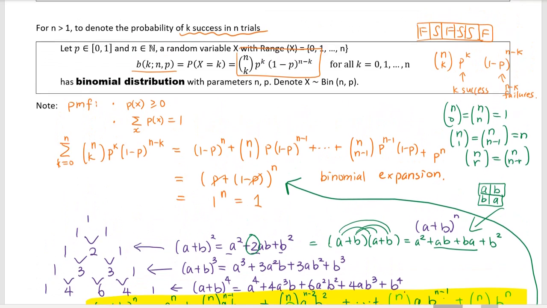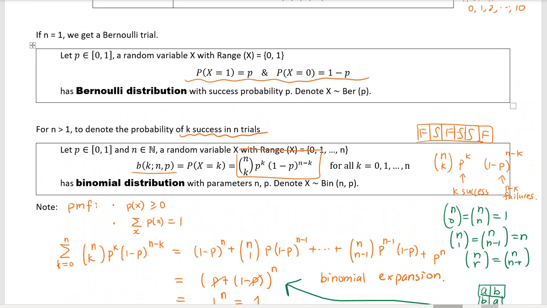Alright. So now we talk about the Bernoulli distribution. The Bernoulli distribution is really a special case of the binomial distribution with n equals 1.